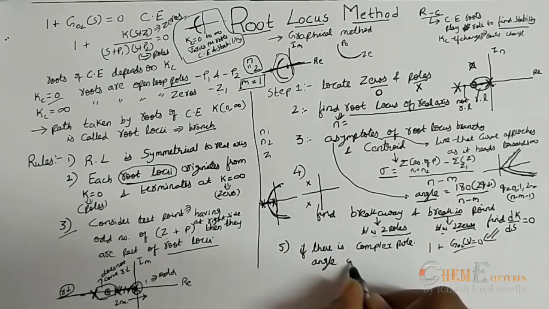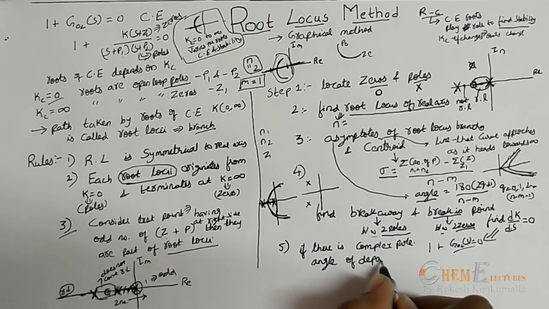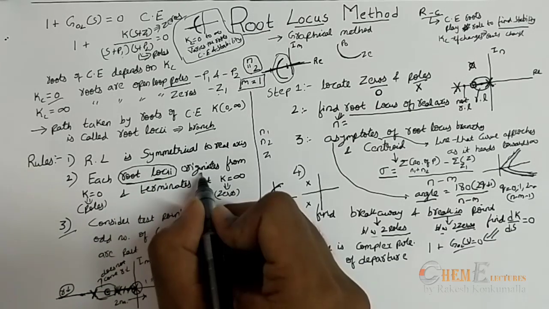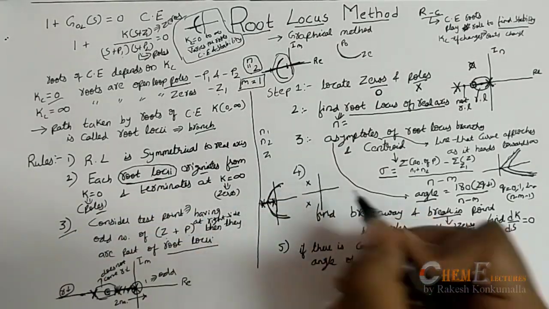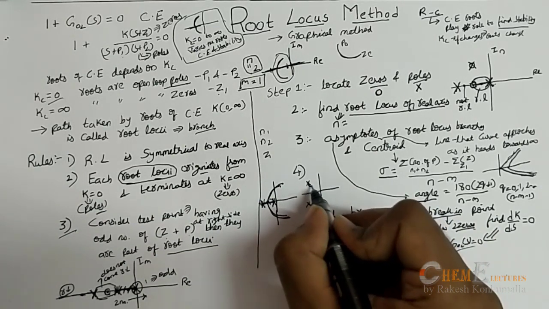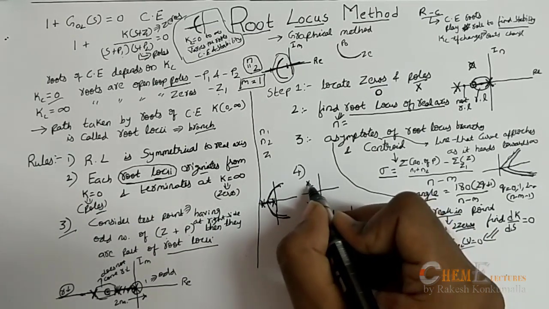Angle of departure. I have told you that the root loci always originates from poles. So from this pole, how this angle the root loci will follow.